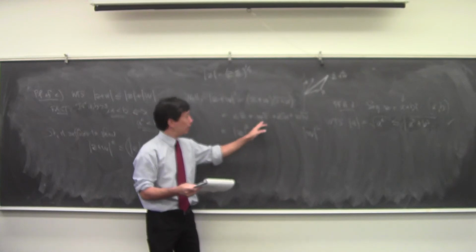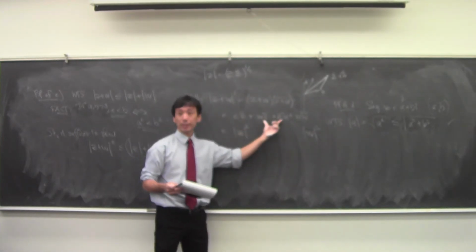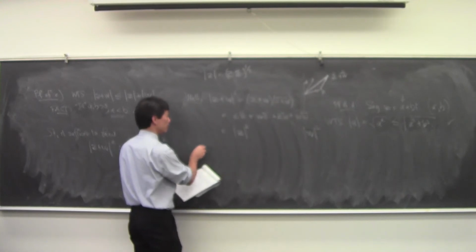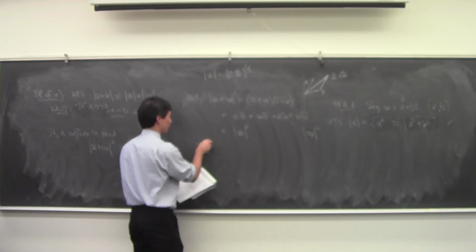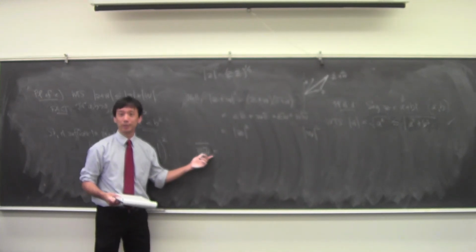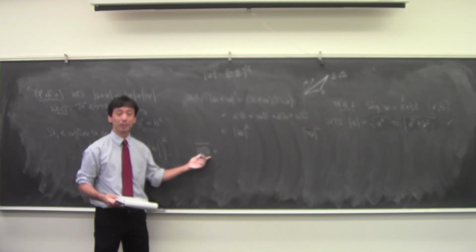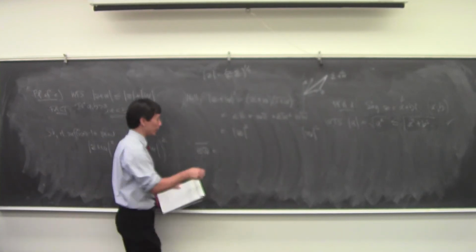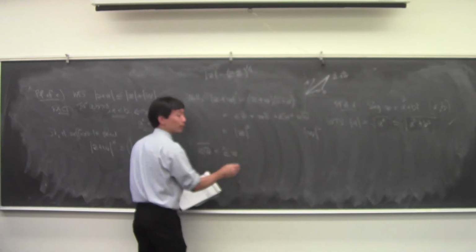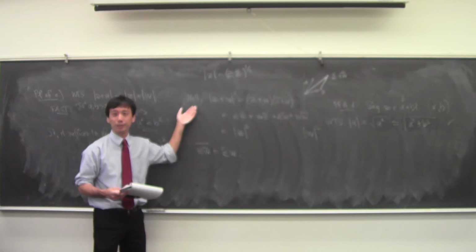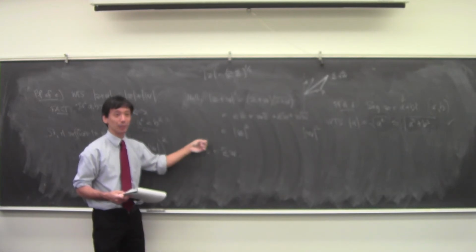And I notice here that zw bar is what? zw bar is going to be z bar w bar, but w bar bar is w, right? So I get z bar w, right? Because when you reflect it back, you come back to the original. So w complex conjugate conjugate is just w.